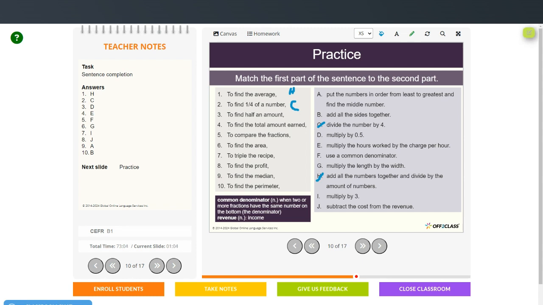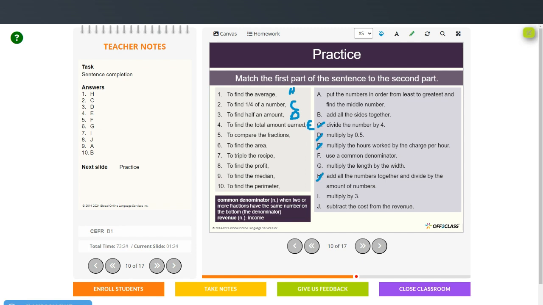To find half an amount, you would multiply by 0.5. To find the total amount earned, you would multiply the hours worked by the charge per hour.